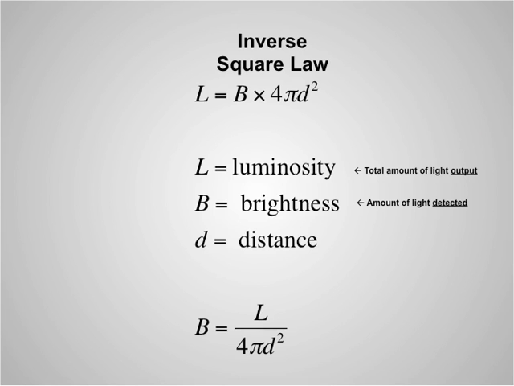To put that in mathematical terms, if B represents brightness, L represents luminosity, or the amount of light which is output, and D represents the distance, then the brightness is equal to the amount of light put out divided by 4 pi times the distance squared: B = L / (4πD²).